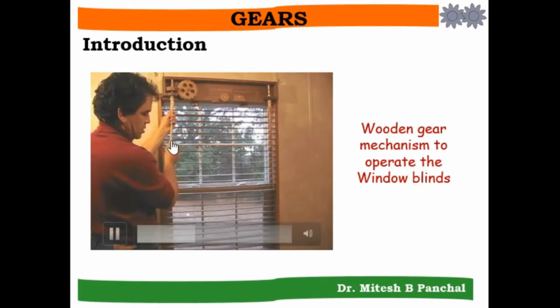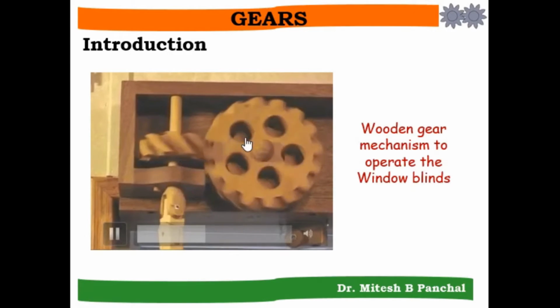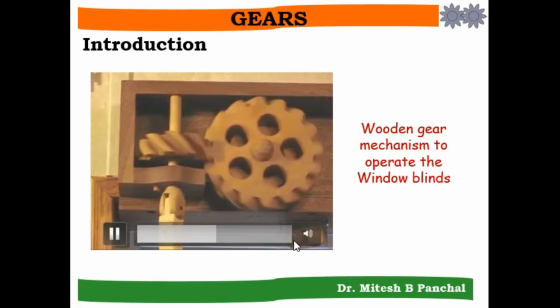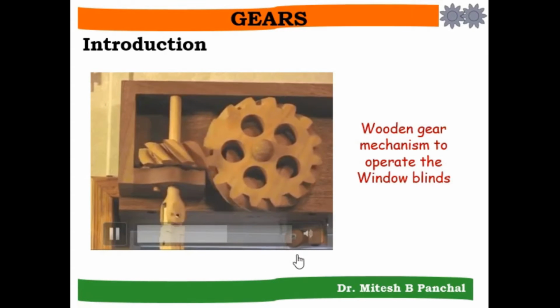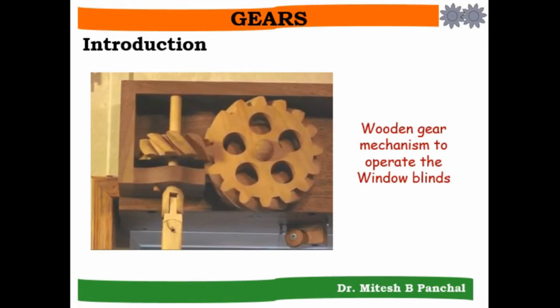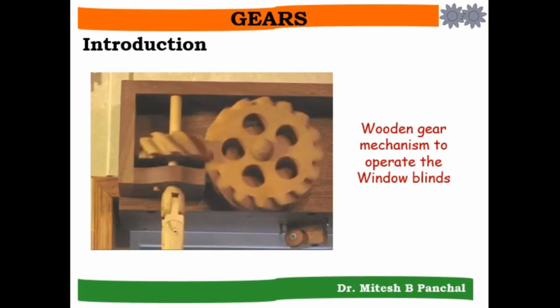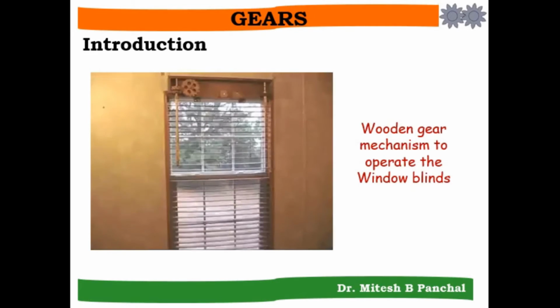So indirectly, by providing the motion to one of the gears, which will drive another gear, which is attached to all the slides of the window blind with the help of wire, this particular mechanism is used to lift the window slides of the window blind up and down.